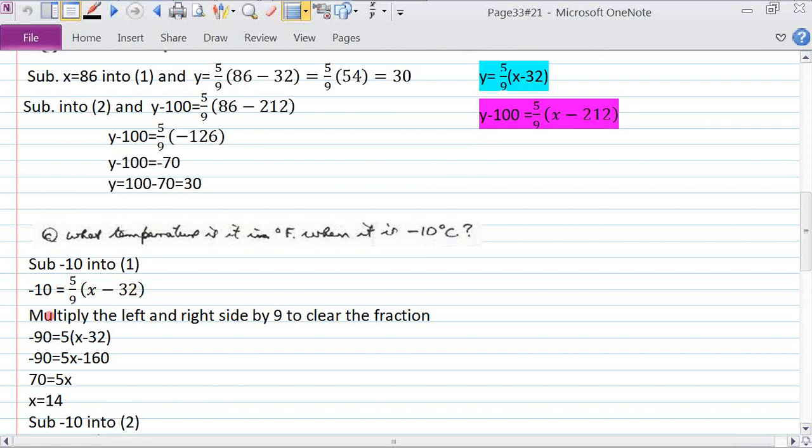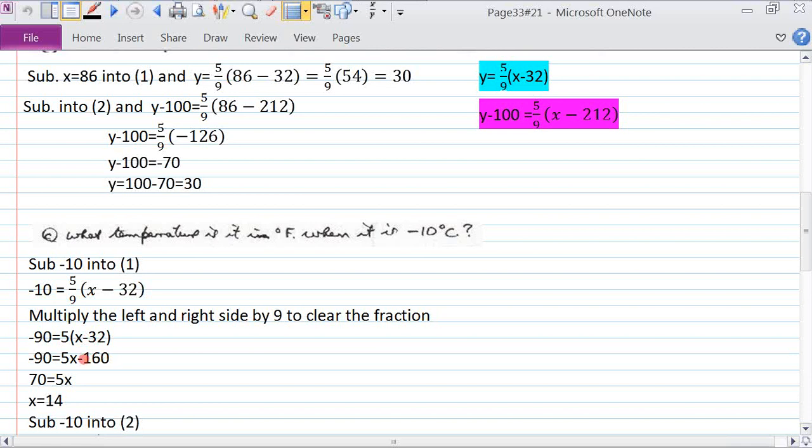And now we're going to multiply. We've got a fraction here, a 9. We're going to multiply the left and the right side by 9 to clear the fraction. When we do that, 9 times minus 10 gives us minus 90. 9 times 5/9 gives us 5, and the bracket stays the same. Remove the brackets and use the distributive rule. 5 times x gives us 5x. 5 times minus 32 gives us minus 160.